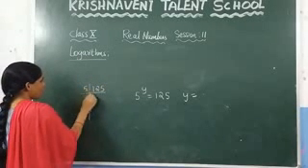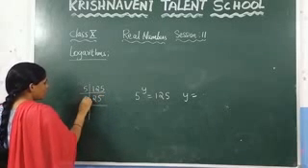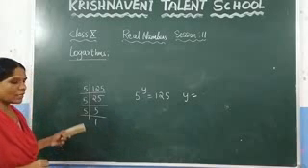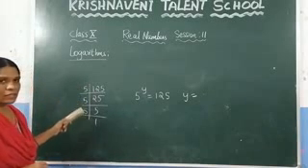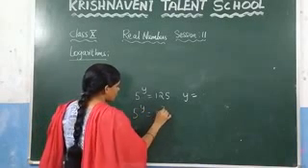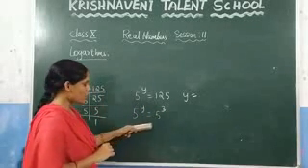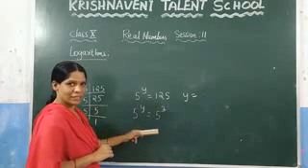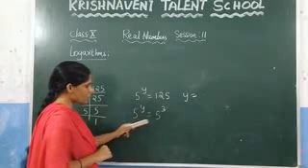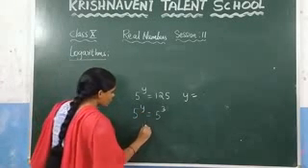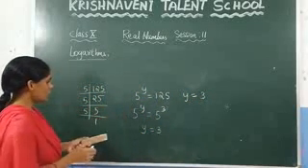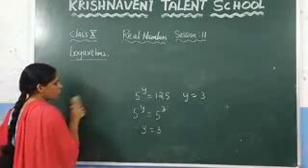It is divisible by 5: 5 twenty-fives are 125, 5 fives are 25 and 5 ones are 5. Now how many times is this 5 repeating here? 3 times. So you can write this as 5 power y is equal to 5 cube. Now since the bases are equal, you can equate the powers. For that reason we write this 125 in the base of 5, to make the bases equal. So what is the value of y here? 3. So if you are given like this, you can find the value of the variable.